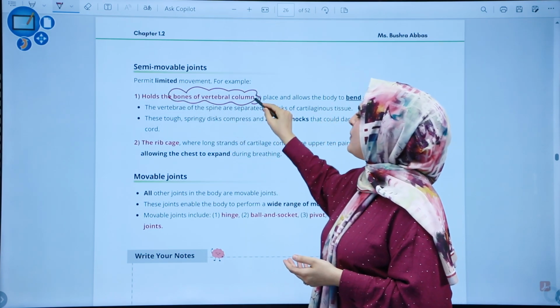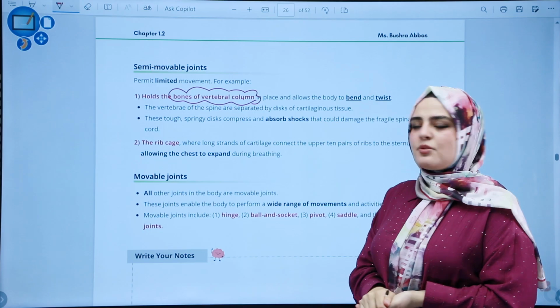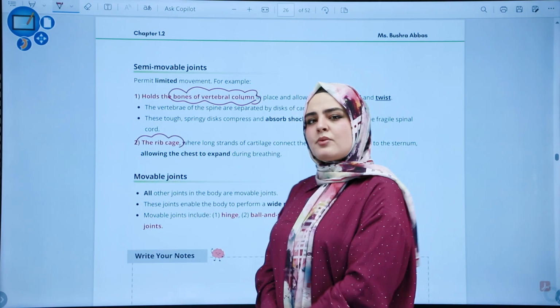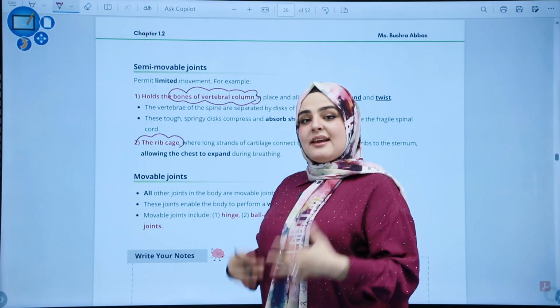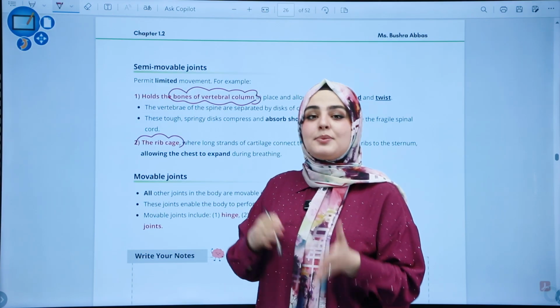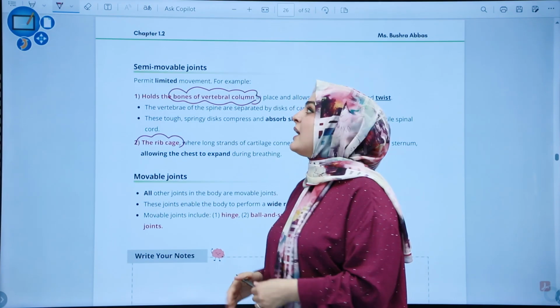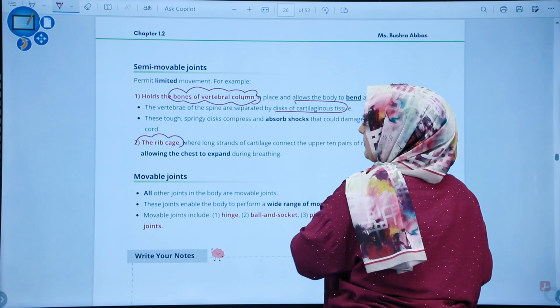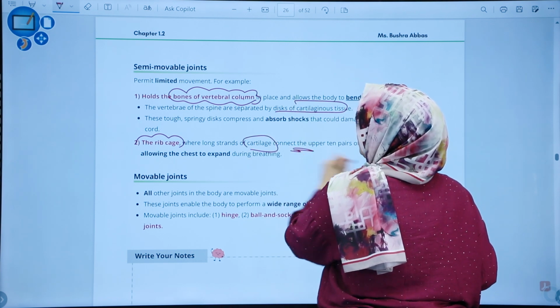So where do we find semi-movable joints? In two examples: in the bones of the vertebral column and in the rib cage. When we are breathing, our rib cage moves. This movement wouldn't be possible if we didn't have semi-movable joints. And both have what? Cartilage between them, a huge amount connecting them together.